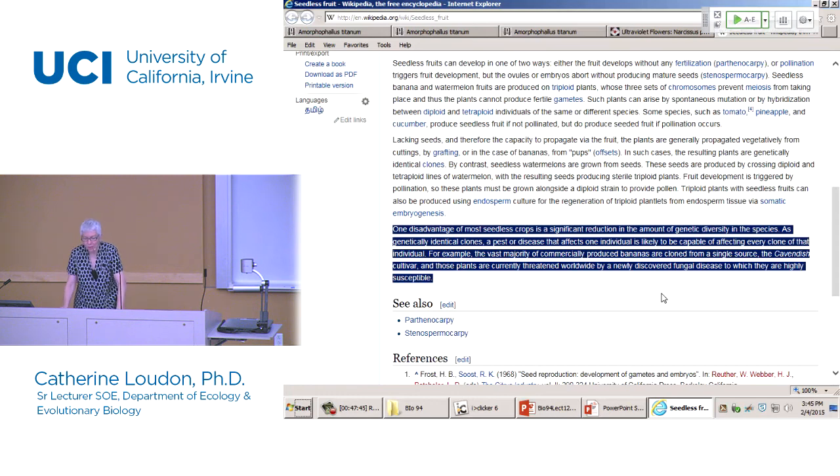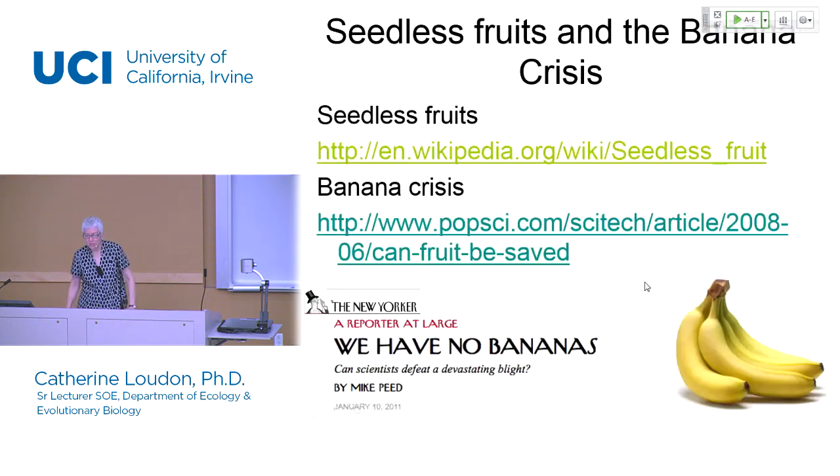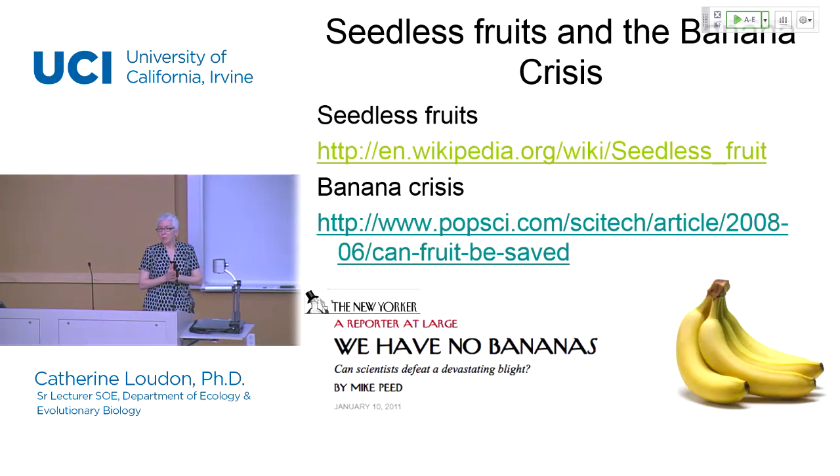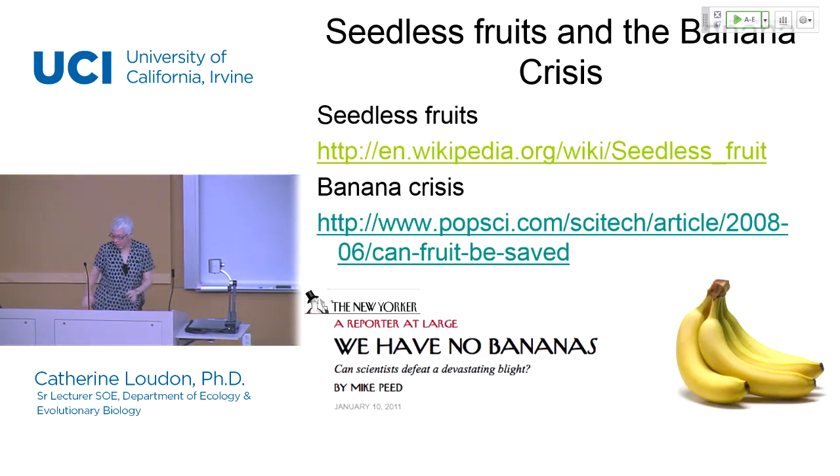These plants are currently threatened worldwide by a newly discovered fungal disease to which they are highly susceptible. So that is the current global banana crisis going on right now, and this is a picture of the so-called Cavendish cultivar right here. This is only one type of banana that is commonly sold in grocery stores, but it is the most common one.